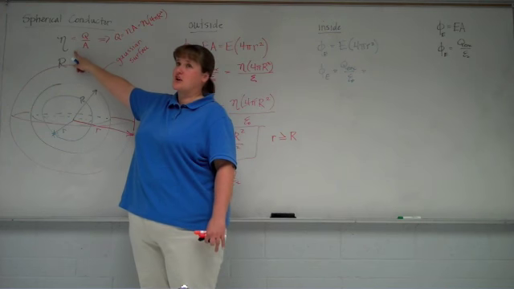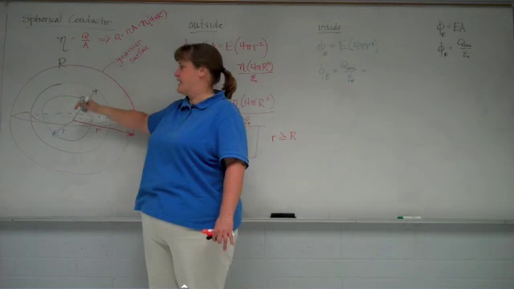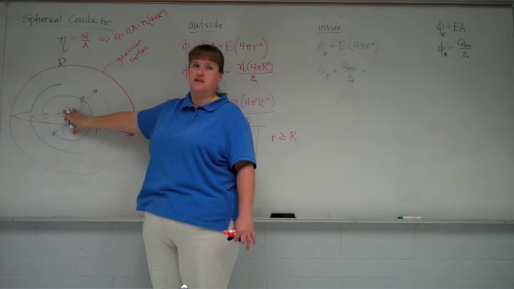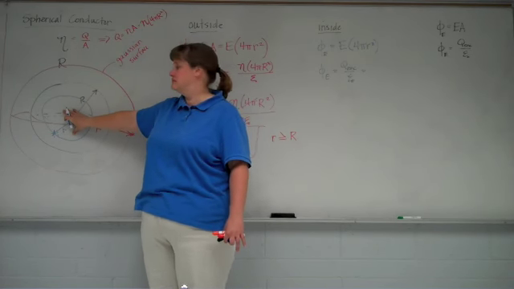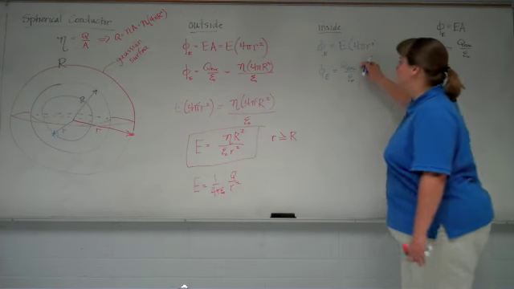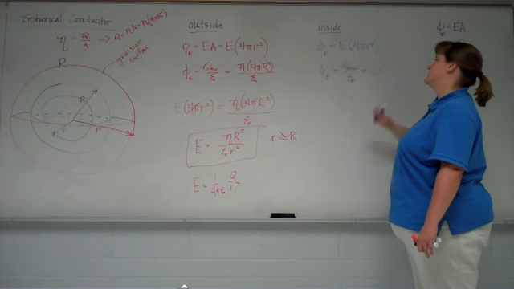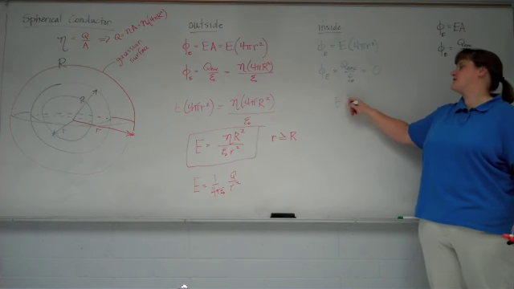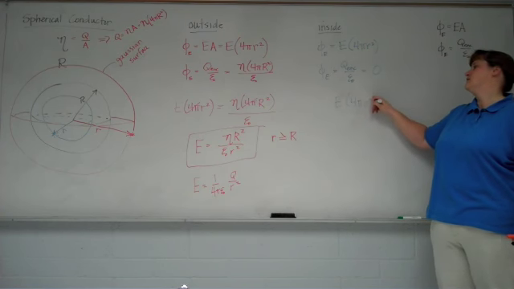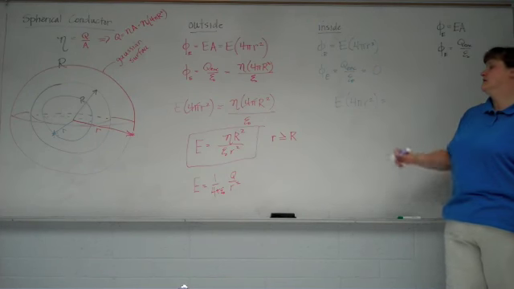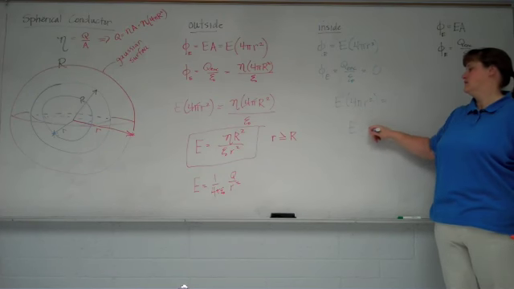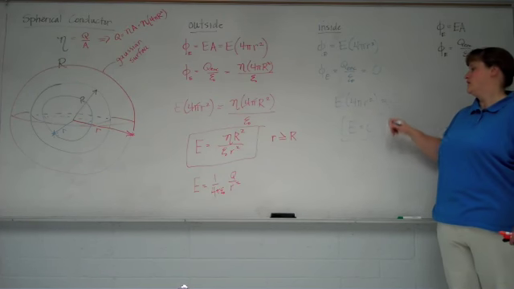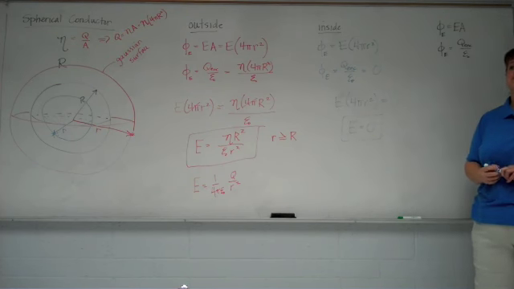If we have a surface charge density, that means all the excess charge is on the surface. That leaves how much excess charge for the middle? 0. None. So Q enclosed is 0. 0 over anything is 0. So when we set these equal to each other, we find the electric field is 0.